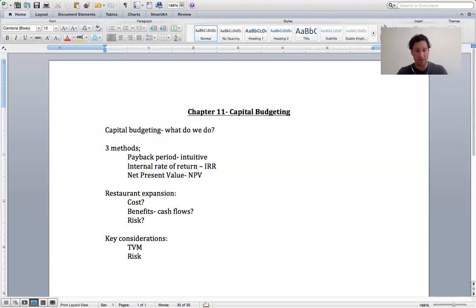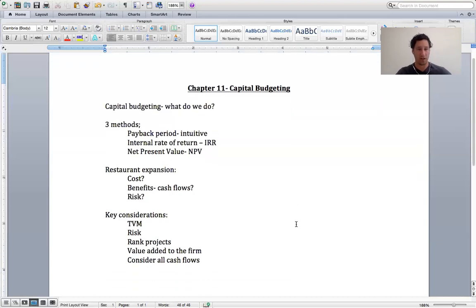If we could, it would be nice to rank projects, best to worst, and why. How do we rank them? Ultimately, our goal is to maximize market value for the firm. So is it going to do that? Can we measure the value added to the firm? And also, it should consider all cash flows. So if we have all of these things checked off, then we're in pretty good shape, and that would be a good tool for our analysis.